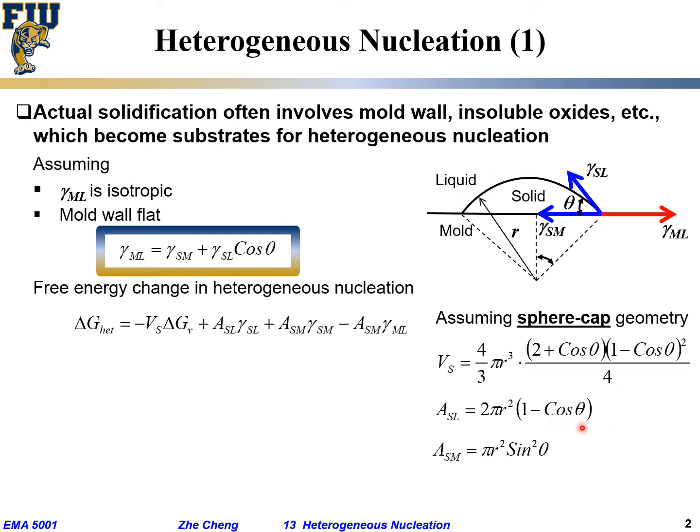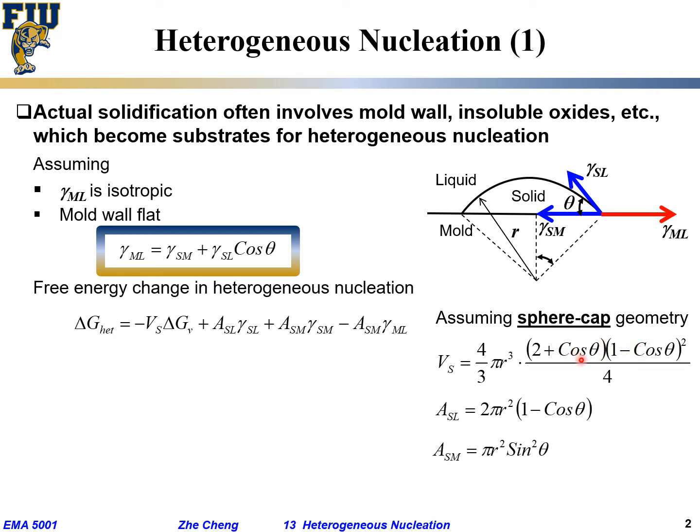On the other hand, when theta is 0, 1 minus 1, that's 0, right? We also have 0 area. Make sense? Okay. So that's our relationship. And the volume V is 4 over 3 pi r to the power 3 times this term. But again, when theta is 90 degrees, this term becomes 0, right? 1 minus 0, 1.